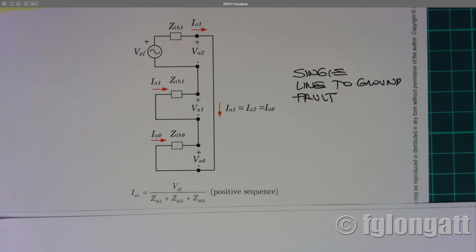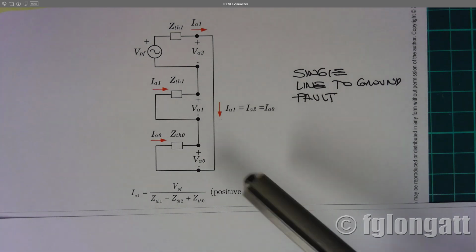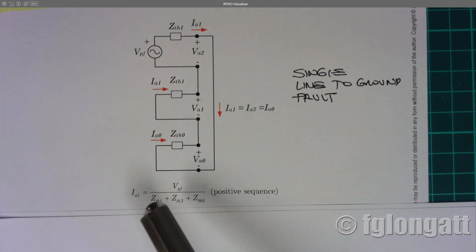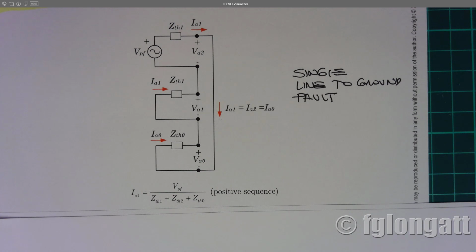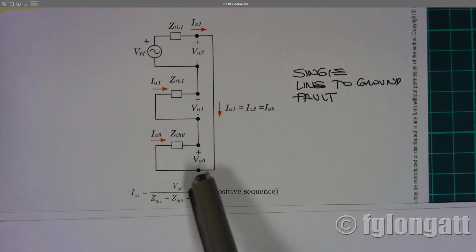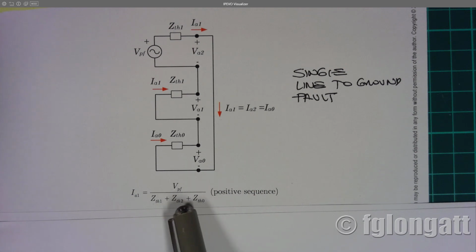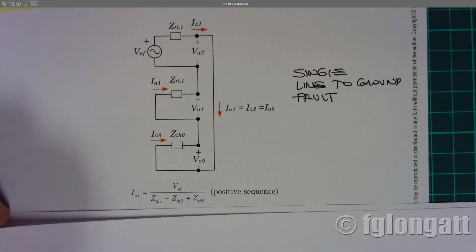The second important thing that you must know is we can use circuit analysis here. Calculating the positive sequence current is extremely simple because there is a single voltage source and all the impedances are in series connection. Dividing the unique voltage by the series connection of these three impedances, we find the positive sequence current.